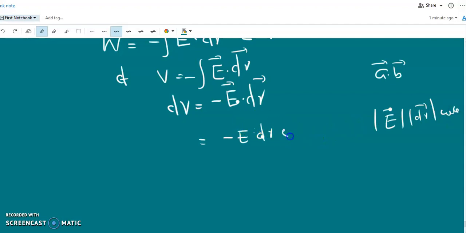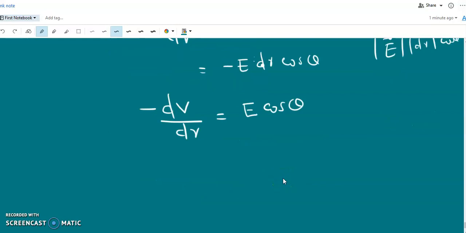So from this, dV by dr is equal to minus E cos theta, or E cos theta is equal to minus dV by dr. Here theta is the angle between E and dr. The electric field vector and the displacement vector make an angle theta. Suppose this is the electric field and this is dr. So this is theta, and the projection is E cos theta, that means the component of E in the direction of displacement.